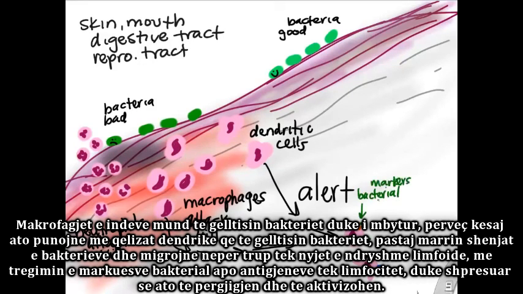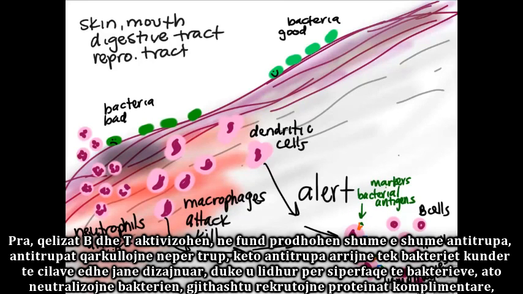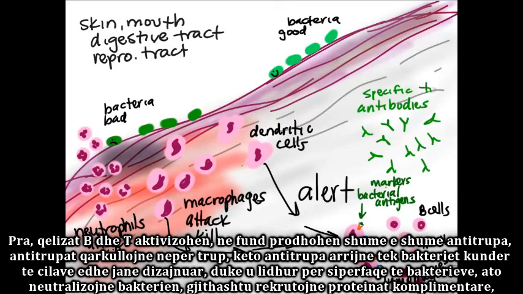And so by showing the bacterial markers or antigens to all the little lymphocytes, hopefully the right lymphocytes that are genetically programmed to respond to this bacteria get activated. So the B cells and the T cells get activated. Eventually we make lots and lots of antibodies. The antibodies circulate around the body.